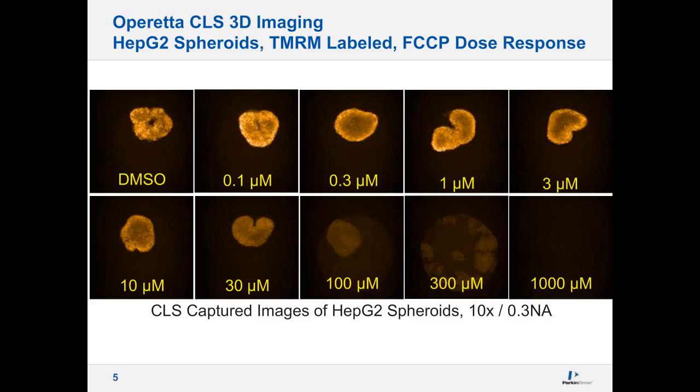But FCCP, which is a mitochondrial uncoupling agent, disrupts ATP synthesis and the fluorescence starts to decrease as we increase the concentrations of FCCP. At 300 micromolar there's hardly any visualization of the cells; the spheroid has broken up, and at 1,000 they have disappeared and likely washed off the plate.